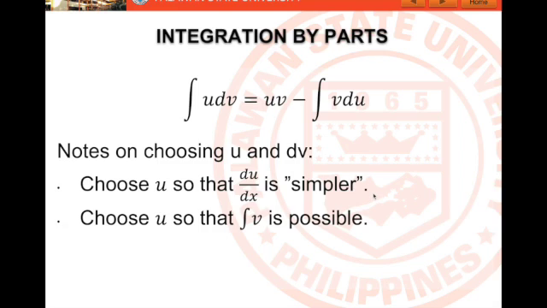It's not like steps. You should filter what is u and what is dv using these two simple rules. The second one is to choose u so that the integral of v is possible.